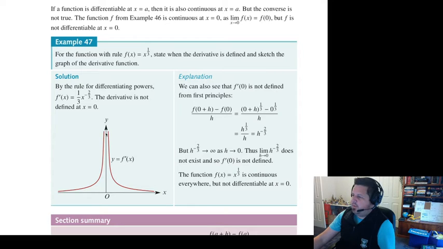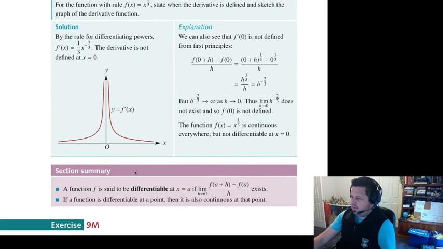Yep. So again, in this particular case, it's not going to be defined at that particular point, the derivative. Yep, because there is that asymptote there. Happy for you to look at the explanation using first principles, but it's pretty obvious when you sketch it and you can see what's going on there.